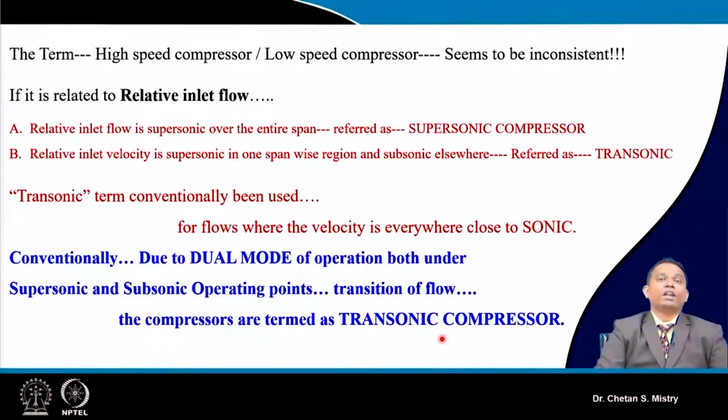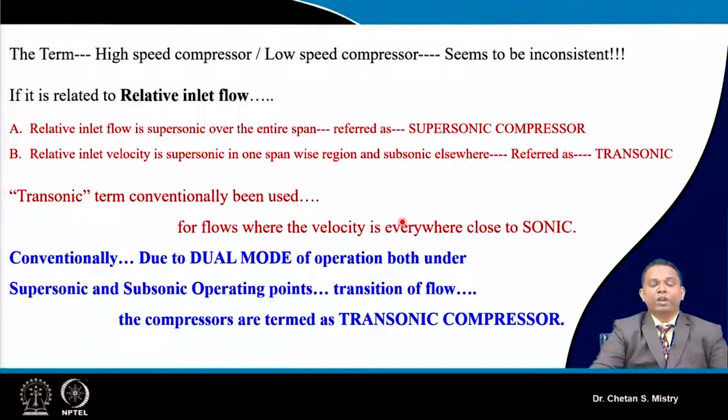In order to avoid that confusion, we consider the relative inlet flow as a reference. If my relative inlet flow is supersonic over the entire span of the blade, that is defined as a supersonic compressor. Throughout my span, if my flow is supersonic, we can call it a supersonic compressor.